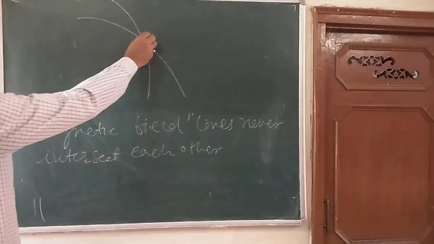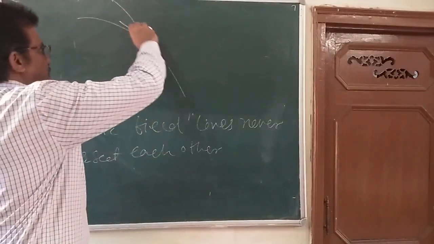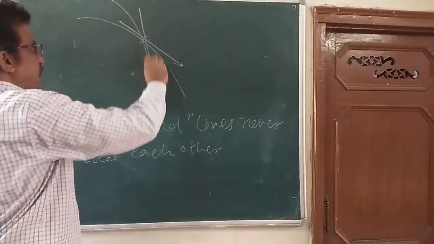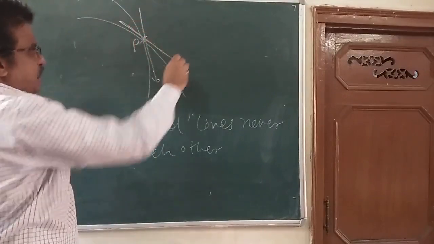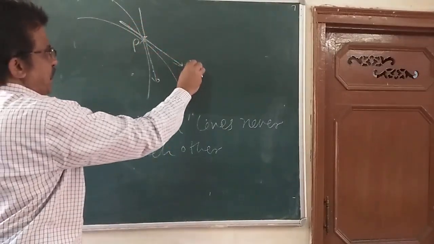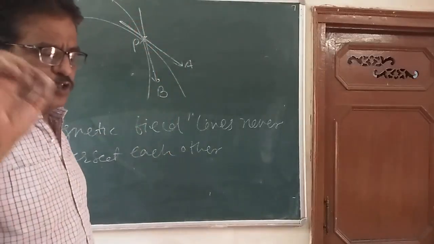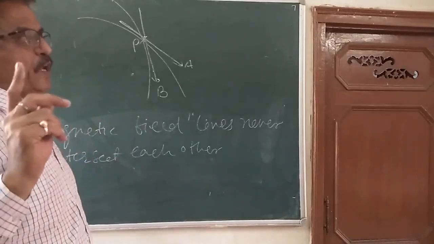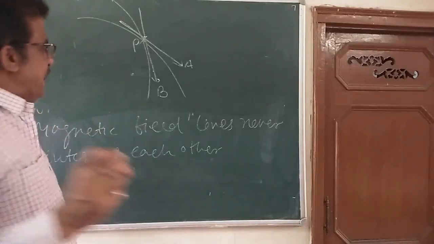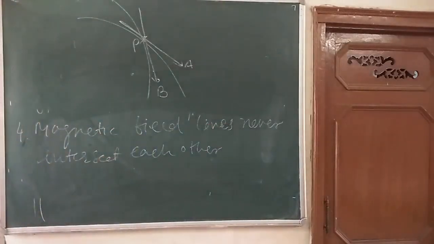At the point of intersection, if I draw a tangent, similarly here, at a single point we get two directions of magnetic field lines, along PA and along PB. That is not possible. So on a single point, we can't get two directions of magnetic field lines. So I can say magnetic field lines never intersect or cross each other.